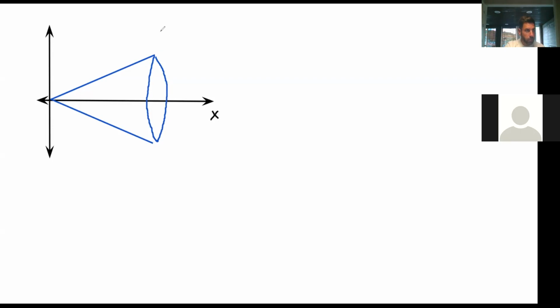But we do know some points. We know what this point is. Well, we know the height is 10, so the distance to this point is 10. And we also know the y-coordinate because we've assumed that the radius is 5. So we have the point (10, 5).